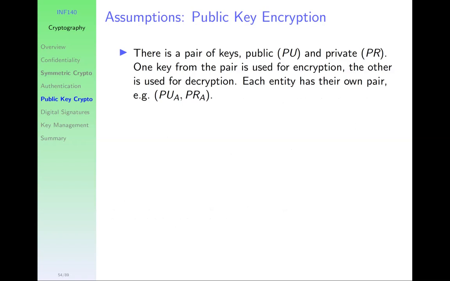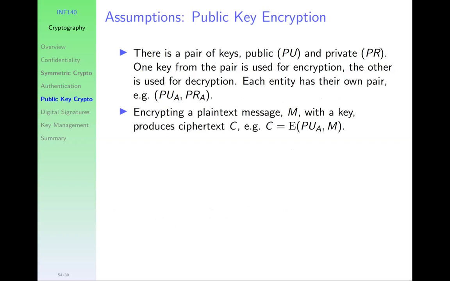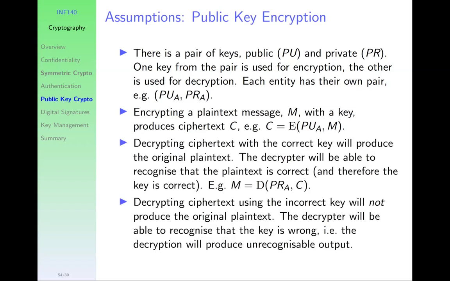There are some security requirements on public key encryption. We already mentioned there's a pair of keys. And for encryption, it's quite similar to symmetric cryptography or block ciphers. We have E here standing for encryption. We take a message M as input and the public key as the key, and encryption gives the ciphertext. And for decryption, we have a decryption algorithm, and it takes the private key and the ciphertext as input.